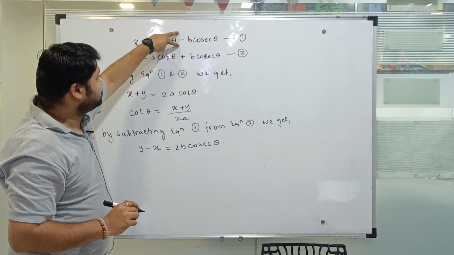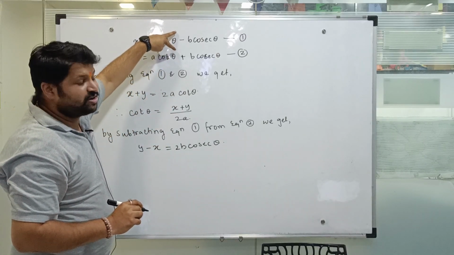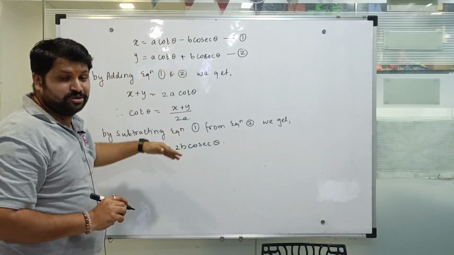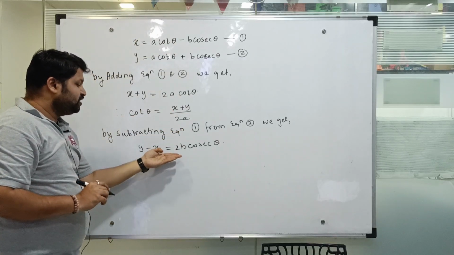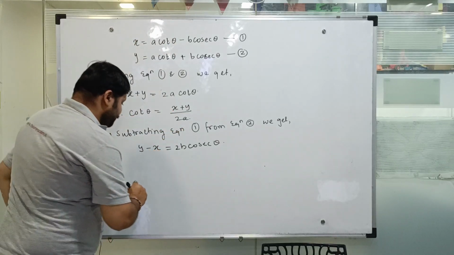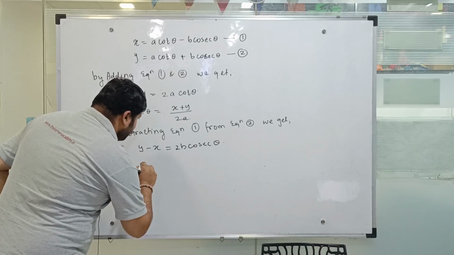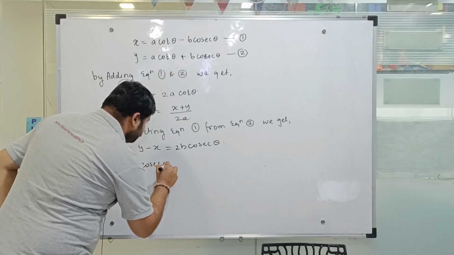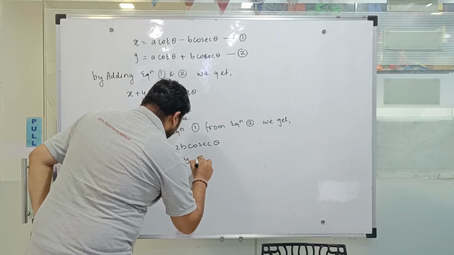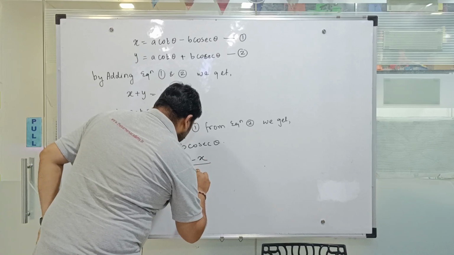Since this is getting subtracted, it is itself a negative number, so it would get turned into positive and we'll end up with 2b cosec theta. Or I can say therefore cosec theta is equal to y minus x upon 2b.